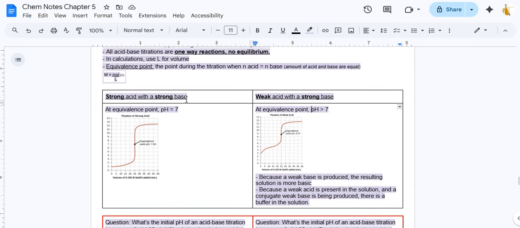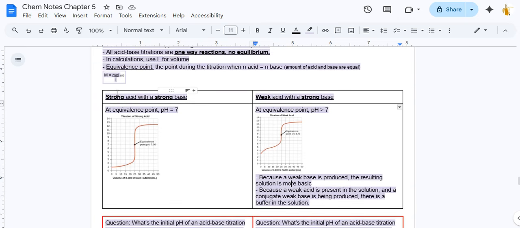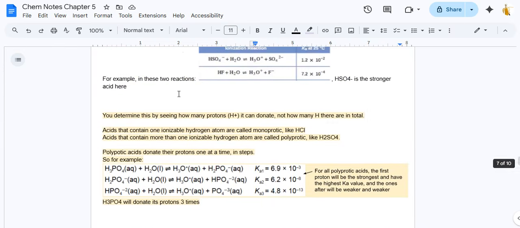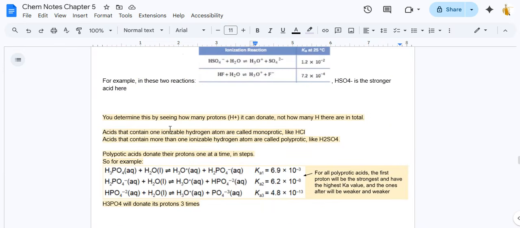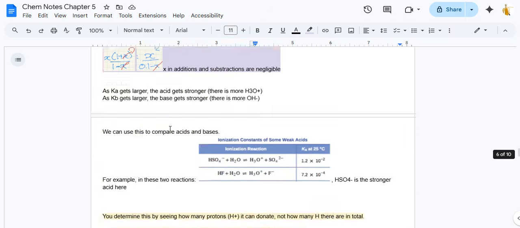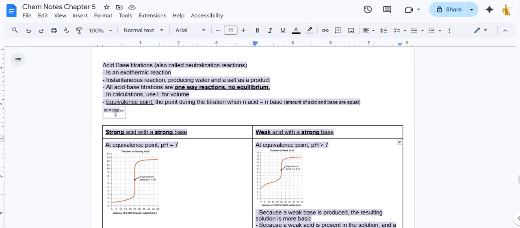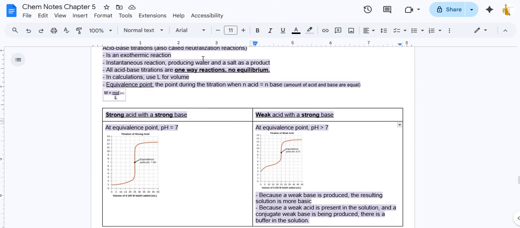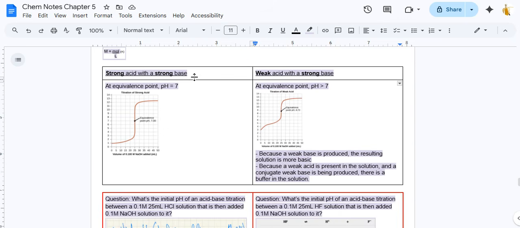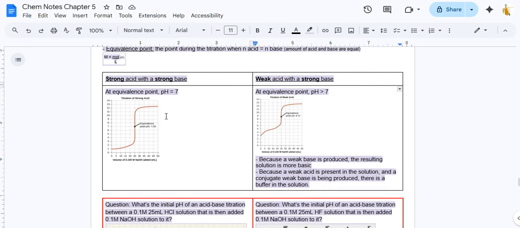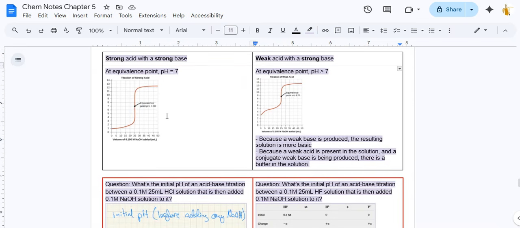Whereas on this side, strong acids with a strong base make neutral salt and neutral water. So it doesn't affect the pH of the reactants. That's just for you to know. You probably don't need to memorize that.